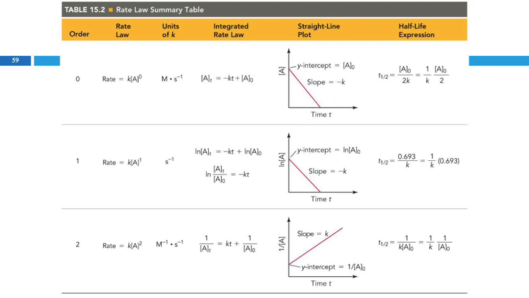Here we have the straight line plots and the relationship between the slope and the rate constant, and here we also have the half-life expressions. We'll be using these equations a lot. And if I remember correctly, I give you all but these. The rate law, you should be able to figure that out.